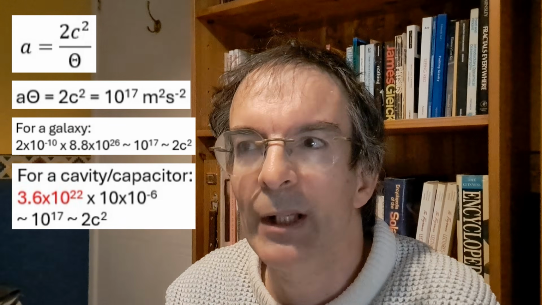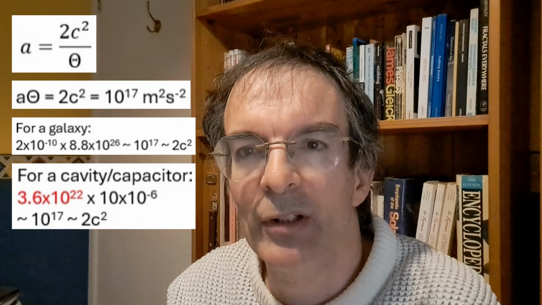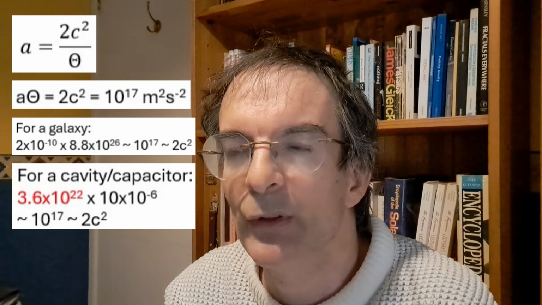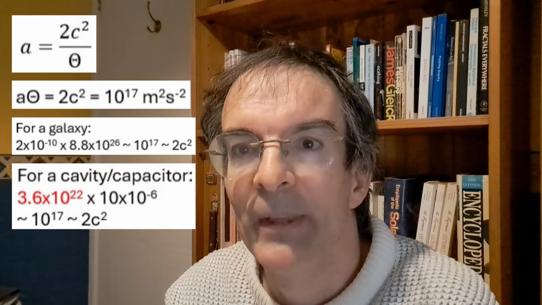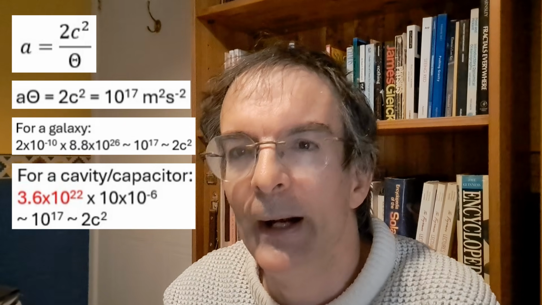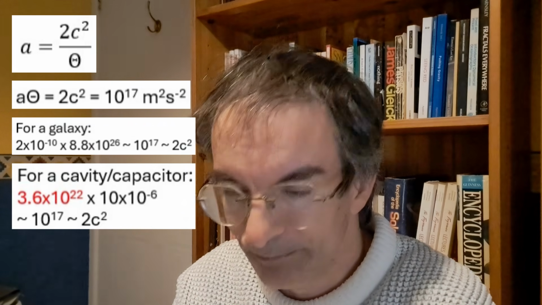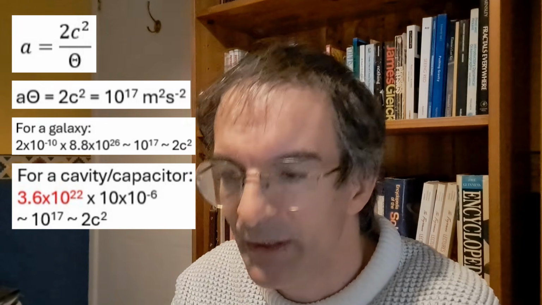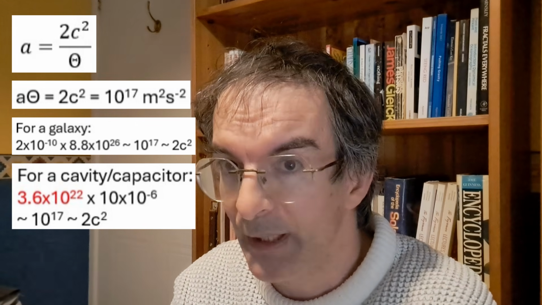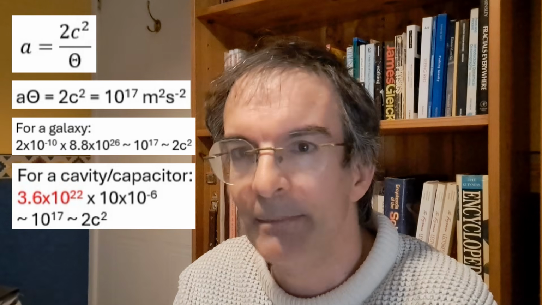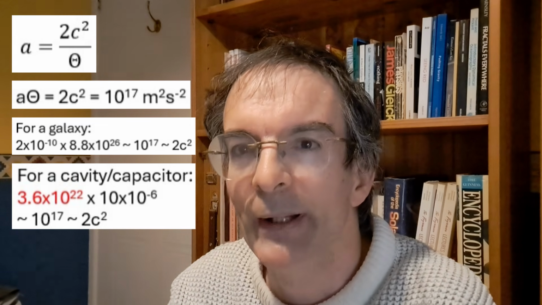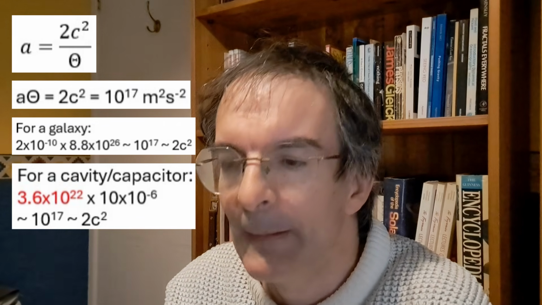Now the acceleration of the electrons, if the electrons are tunneling across, is on the order of 10 to the power 22 meters per second squared, and the size of most of these cavities is about 10 micron, so 10 times 10 to the minus 6 meters. So if you multiply these two together, you get 10 to the 17, 2c squared. So that fits very nicely.